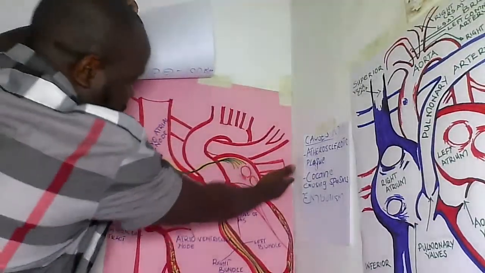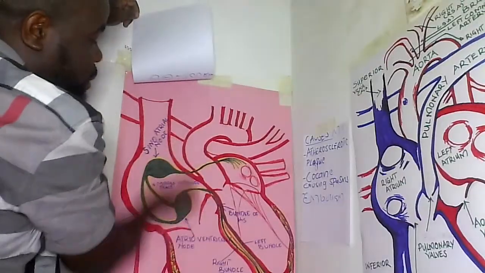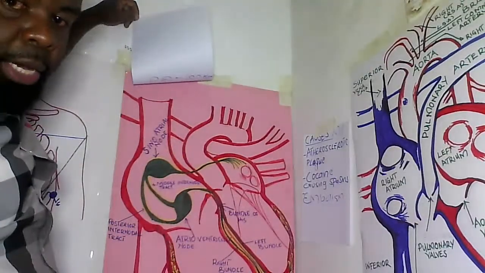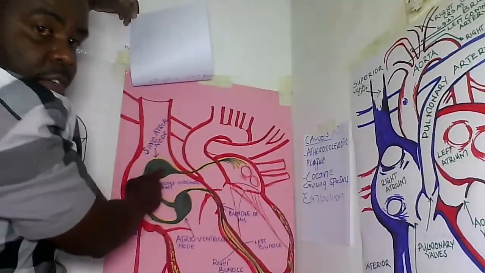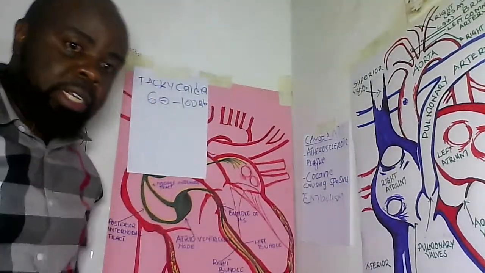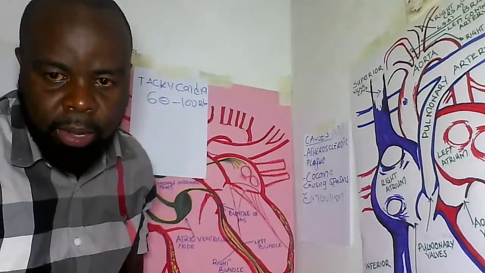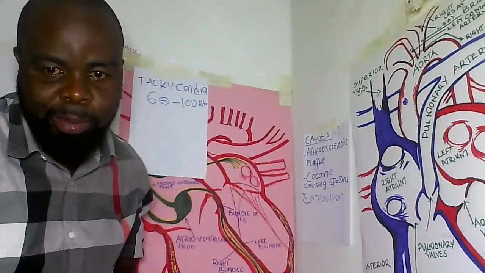We cut here, from here going up, that is the atria. Here is ventricular. So the first type of tachycardia is when the sinoatrial node is beating so fast, sending signals so fast. If I was young, I think I would be a doctor because you explained so well.